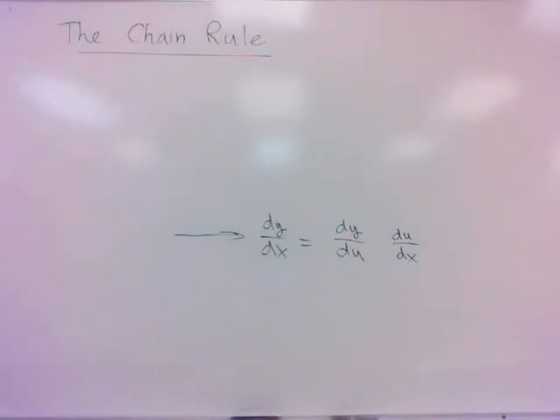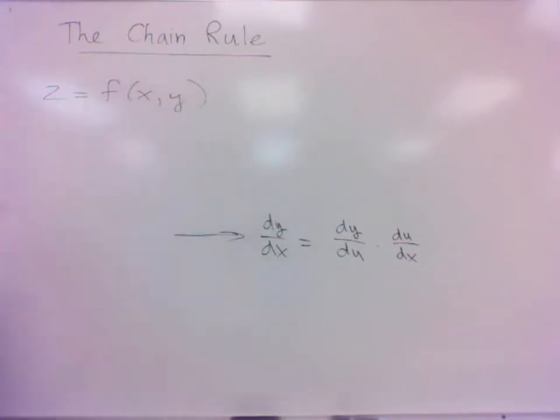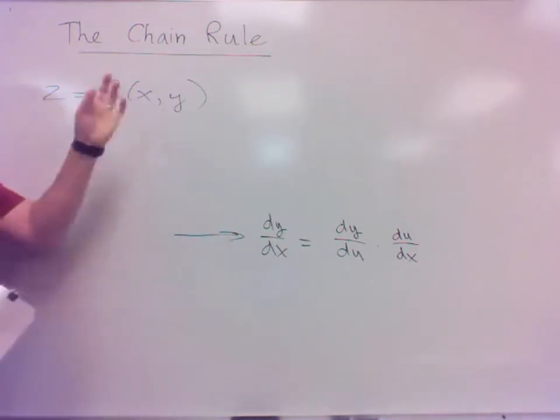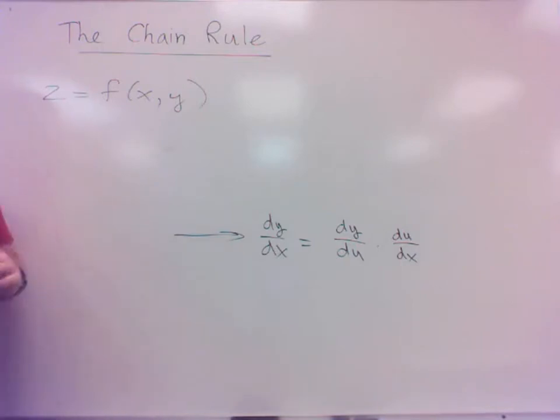So let's suppose z is a function of x and y, okay? And where the inside and outside part comes in, x is also going to be a function of something, and we'll use different things, but you can kind of think of it to get an idea.